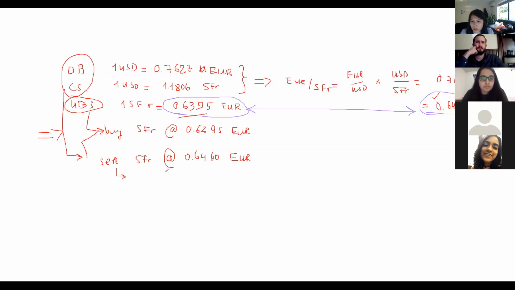So with the sale transactions, can you tell me what are the steps involved? I need two transactions here because it's an indirect transaction. So with this transaction, I'm selling the franc and I'm acquiring the euro.